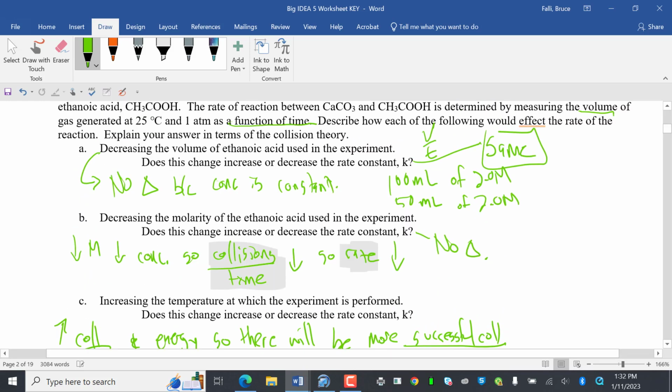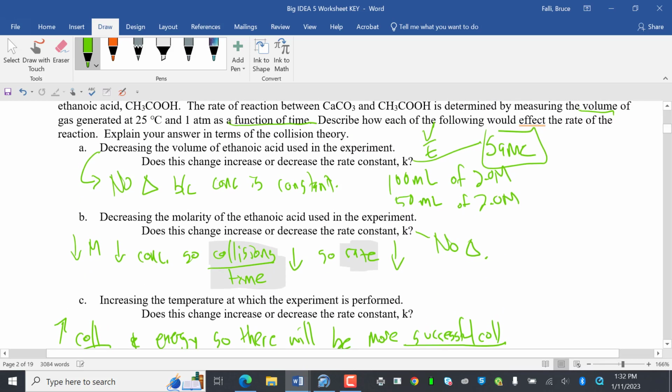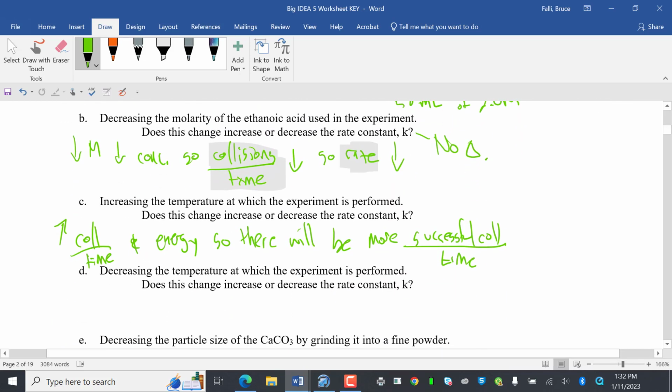So I'm supposed to actually say rate. Would affect the rate. Successful collisions per time. So increase rate. If you increase the temperature, it increases k.